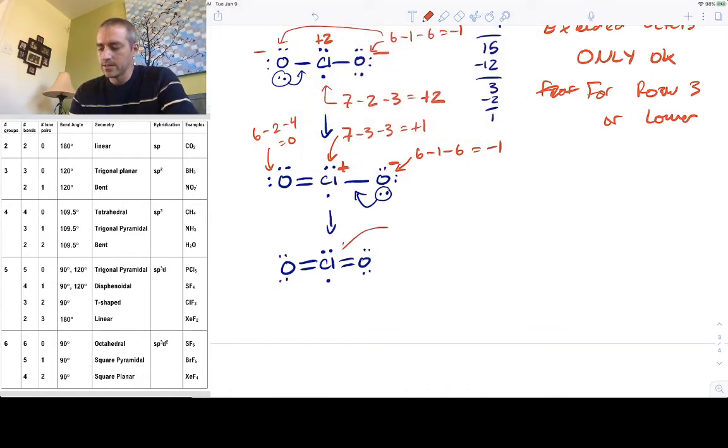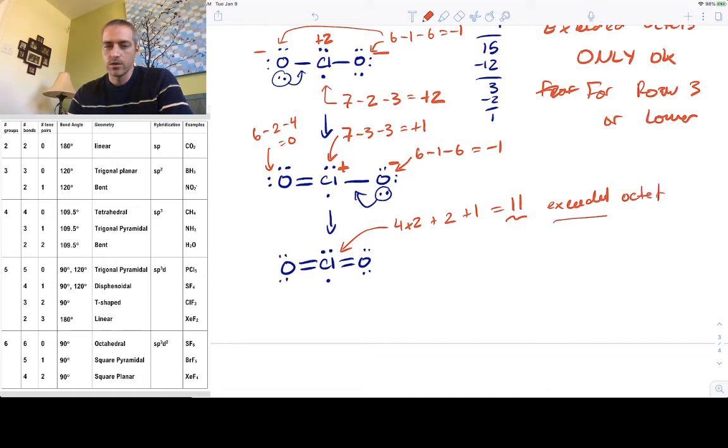If you look at the valence electrons currently around that chlorine atom, we've got 4 times 2 for the 2 double bonds, or the 4 bonds that it's making, plus 2 electrons for the lone pair, plus 1 electron for the single one. That gives us a total of 11. So this is way over the octet.